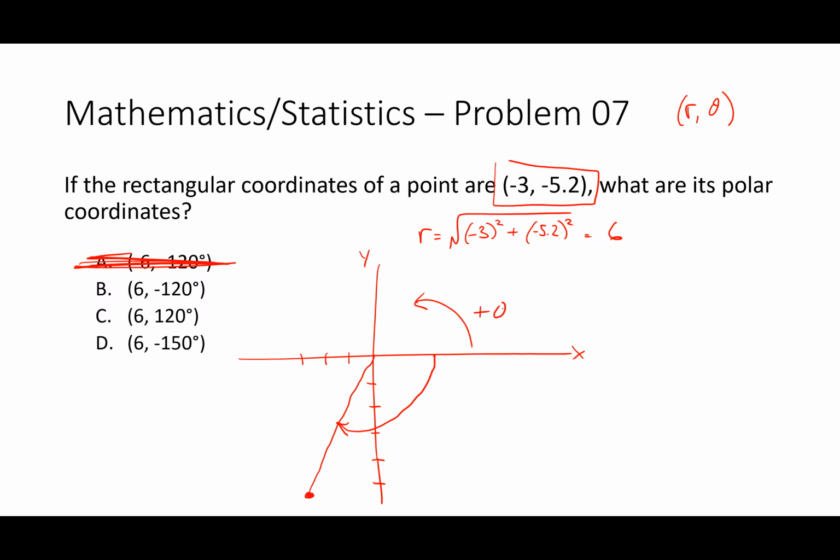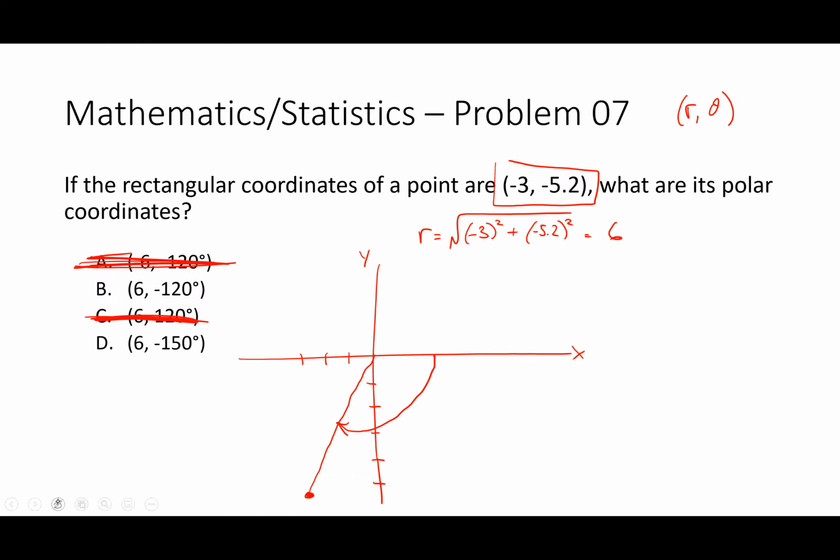This would be plus theta. This would be minus theta going this way. So right off the bat, I know that this isn't the answer. It can't be positive because positive would be going this direction, and the line's obviously going the opposite way, so it's negative. The big kicker is whether or not it's 120 degrees or 150.